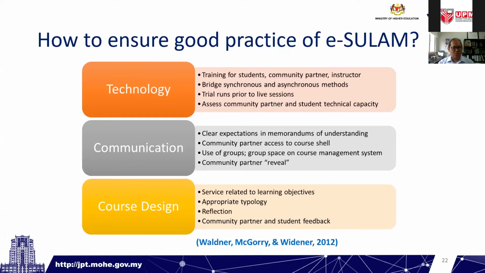Course design is also essential. The service that the students provide to the community needs to be related to the learning objectives. It needs to be an appropriate typology, and reflection has to take place. Community partners and students will have to give feedback, and it needs to be documented.